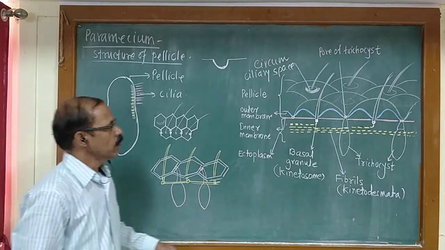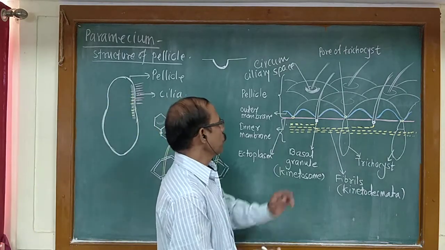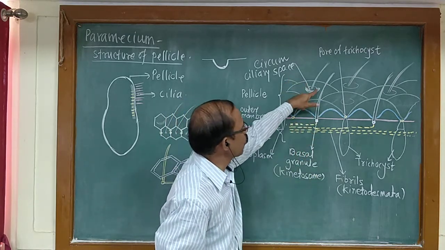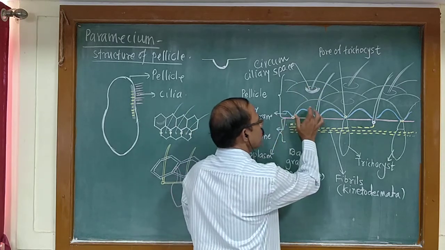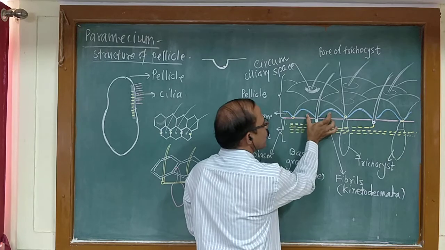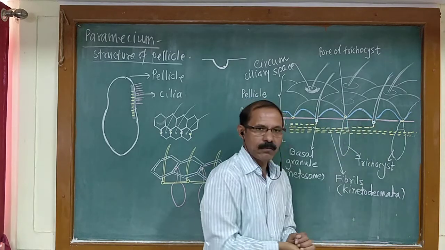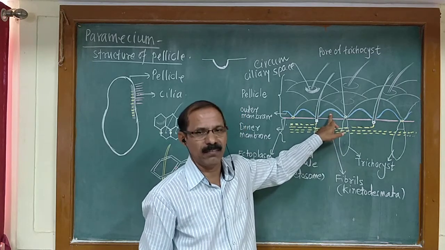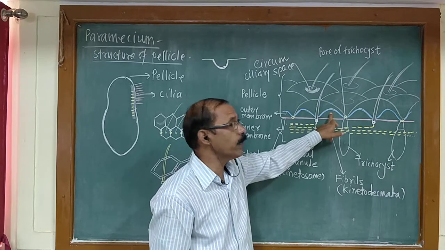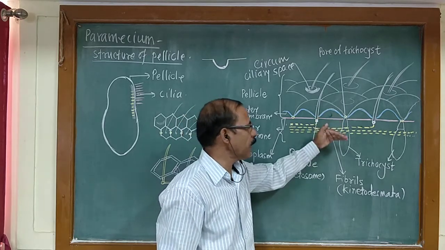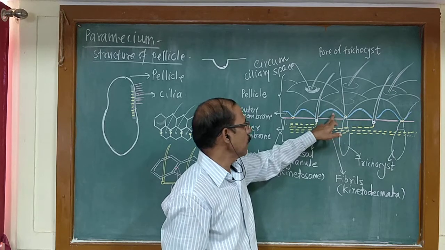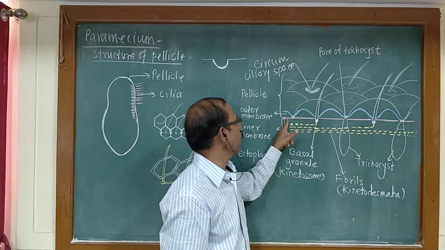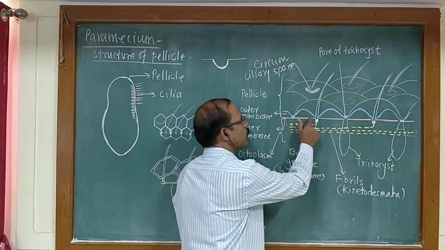Now secondly, as we have told you, the pellicle is double layered. These are the hexagonal depressions, and due to the hexagonal depressions a cavity is formed in the pellicular layer, and that cavity is called an alveolus, or alveoli in the plural. This is the outer layer or outer membrane, and this is the inner membrane or inner layer, and these are the cavities of the alveolar layer.